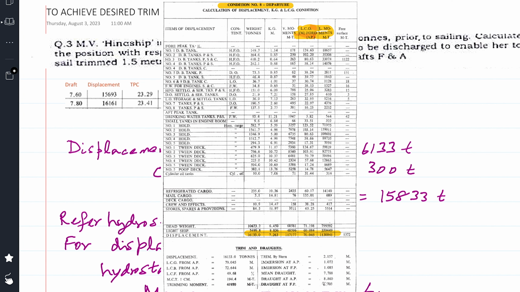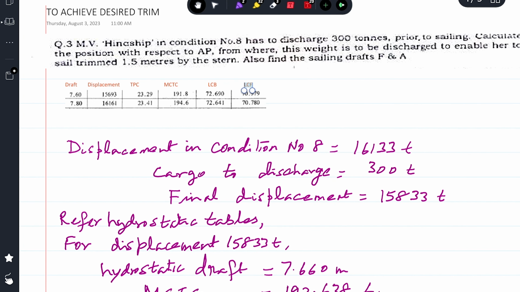You come to this one. This is LCG, forward of aft perpendicular, and the last column is longitudinal moments. So from here I can get my initial displacement. You can see displacement given 16133 tons. So from condition number 8 I get displacement 16133 tons.